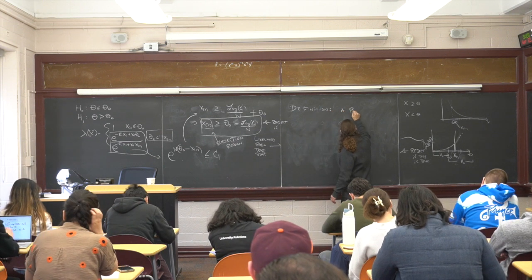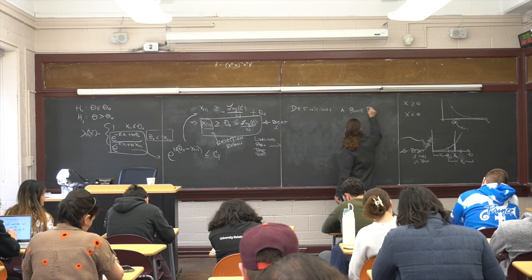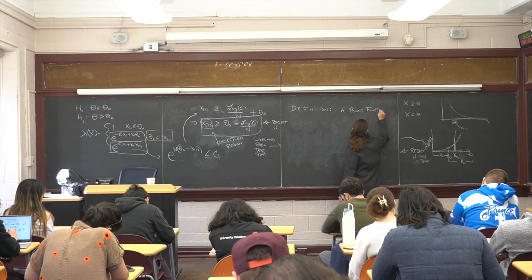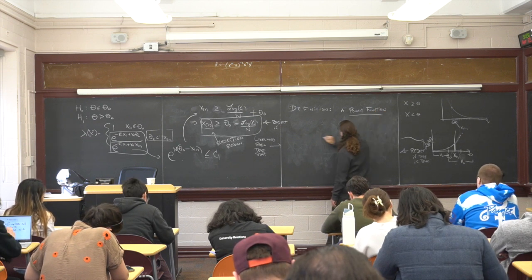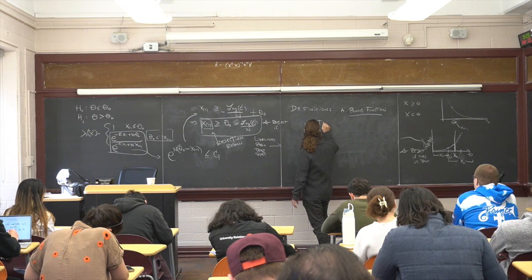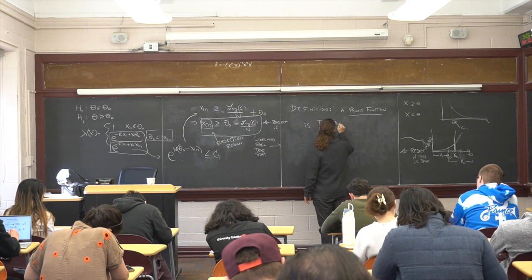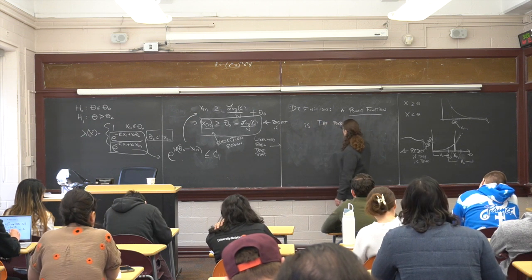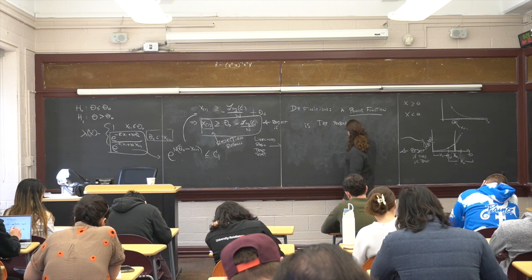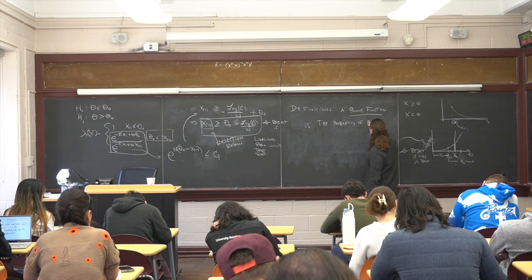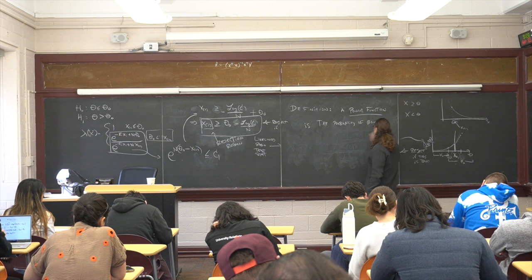A power function is the probability of rejection, the probability of being in the rejection region.